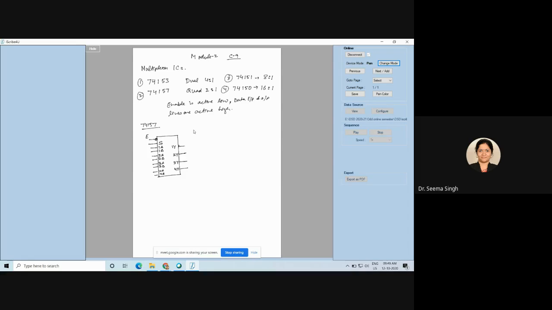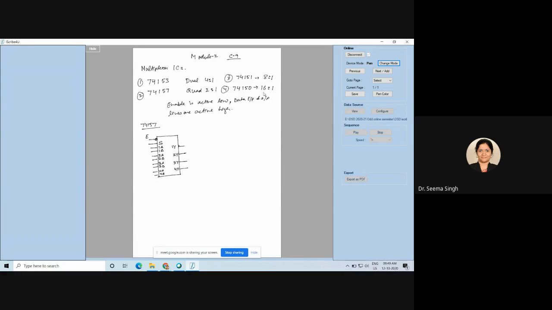I hope this is clear to you. You have to remember that 1A, 1B, 1Y becomes the first 2:1 mux. Then same way 2A, 2B, 2Y, 3A, 3B, 3Y, 4A, 4B, 4Y. These are the 4 2:1 muxes.